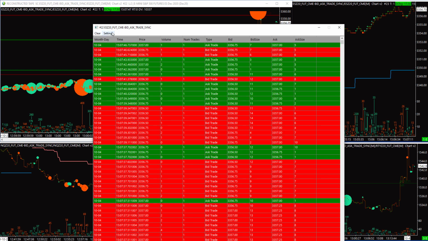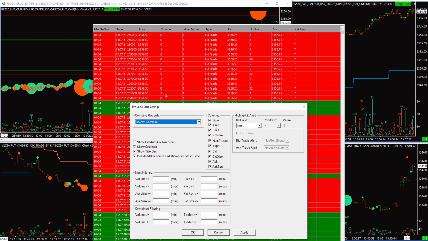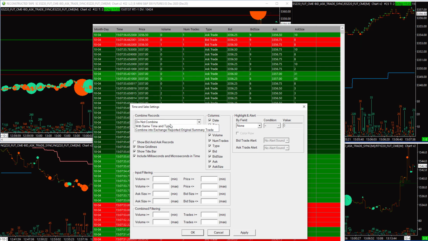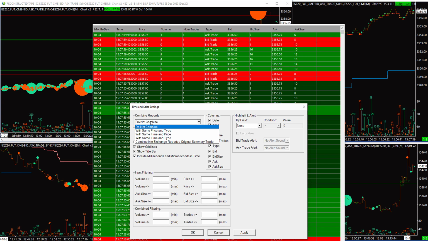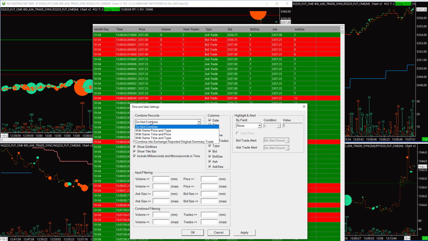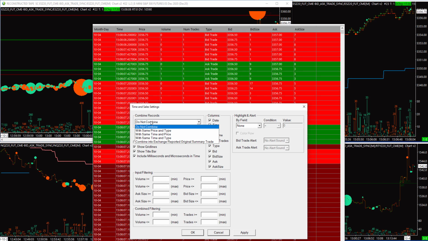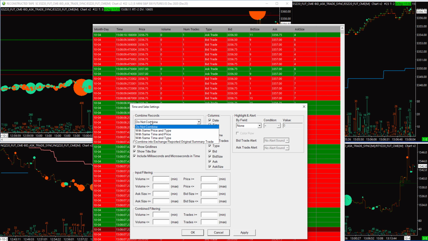Sierra Chart does have a quote unquote reconstruction. God, I can't remember how to show it up. Oh yeah, it's this drop down. So they allow you to combine records, but it's not the same thing because they'll only combine them at the same price or same type. There's a lot of nuances to combining them correctly.